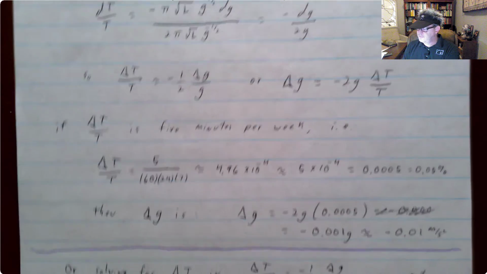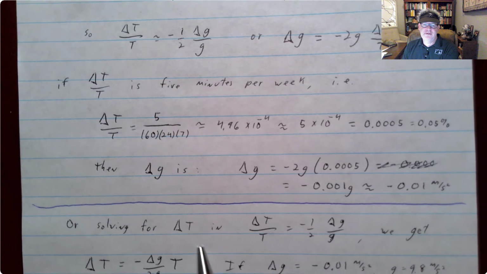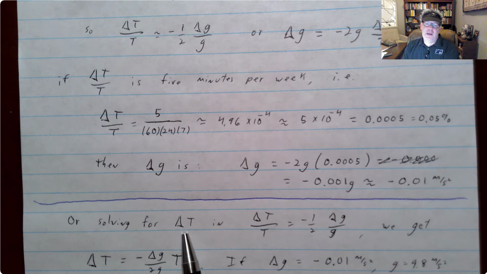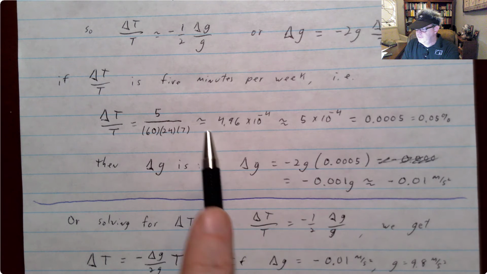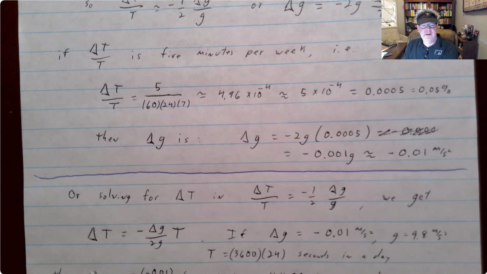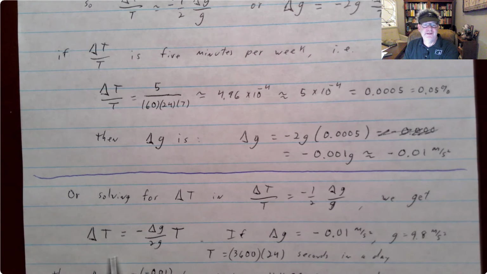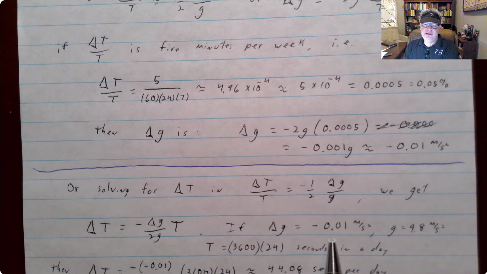Instead of solving for delta g, let's solve for delta T, where now I want delta g to be negative 0.01. I go back to this equation, and solving for the error in the period, it's negative delta g over 2g times T. I want delta g to be exactly negative 0.01 meters per second squared.